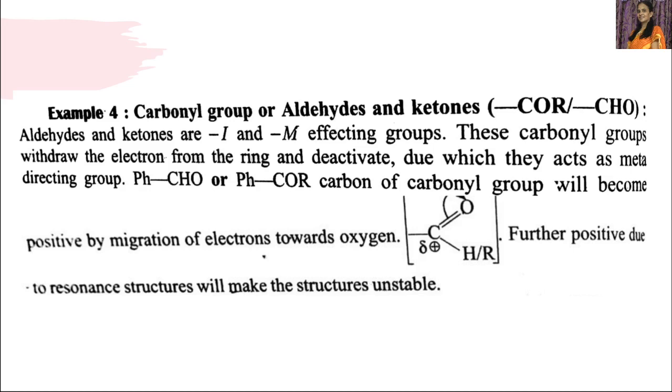In this reaction mechanism, we will come to know what is happening to the carbon to which the CHO or COR group is present on the benzene ring. CHO means aldehyde, COR means ketone.